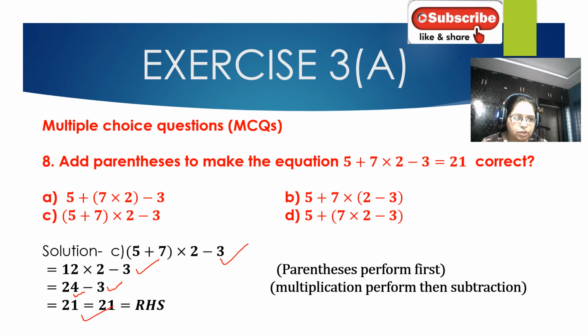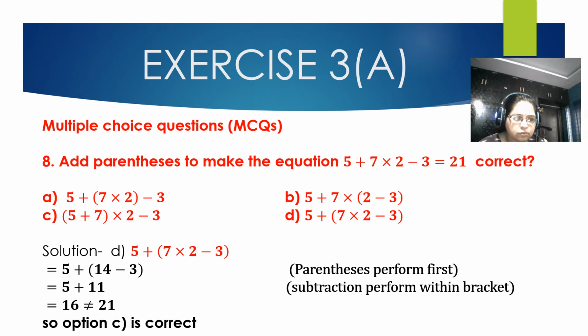So the value of this expression we get is 21, equal to the right hand side. So option C is correct, as we get 21, equal to the right hand side.